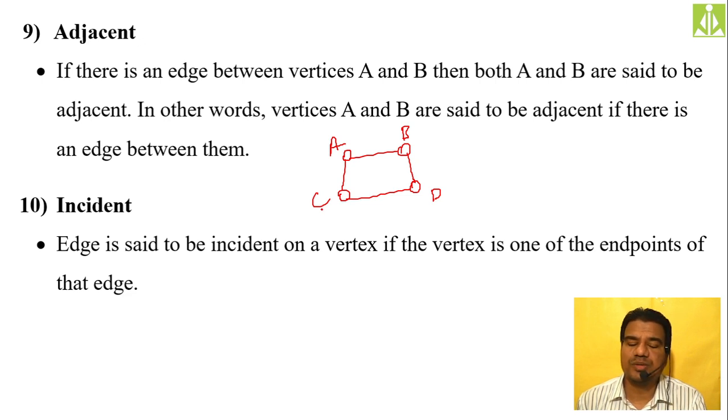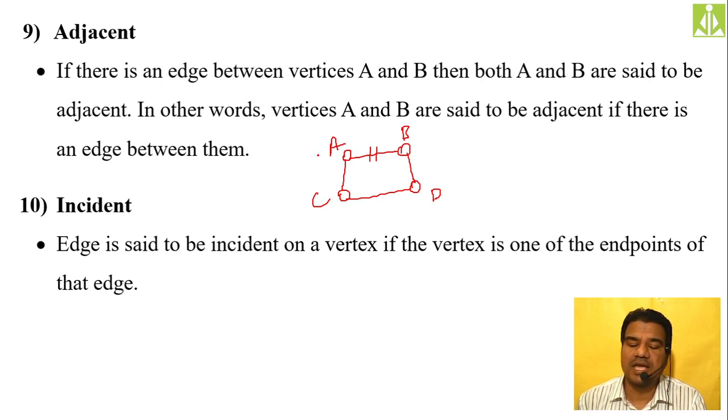An edge is said to be incident. As this edge connects A and B, it is the incident edge for these two endpoints, A comma B. An edge is said to be incident on a vertex if the vertex is one of the endpoints of that edge.